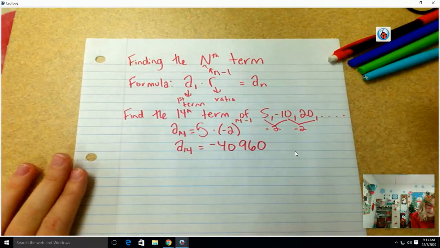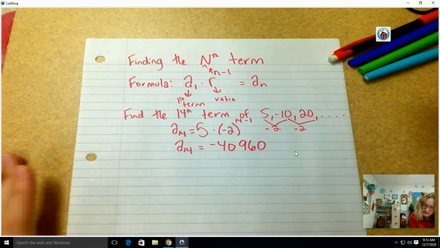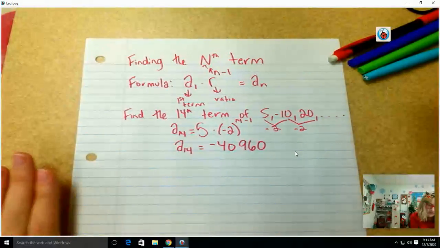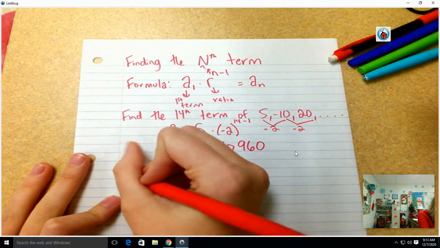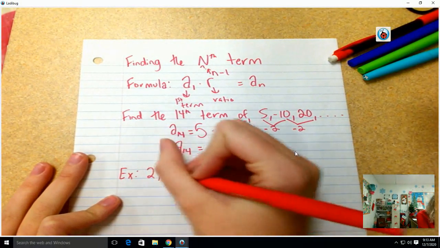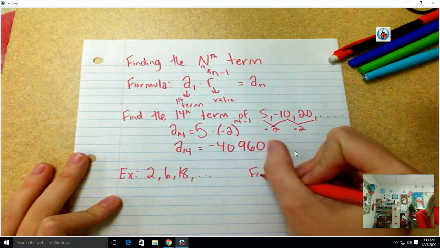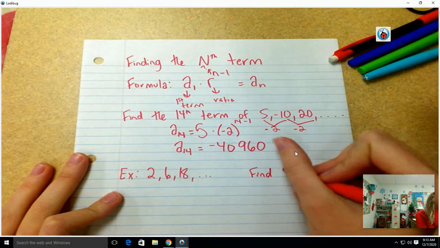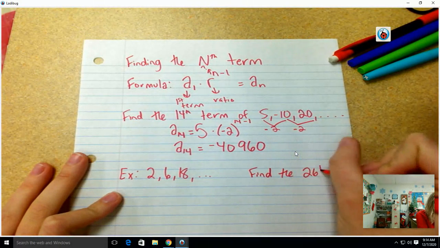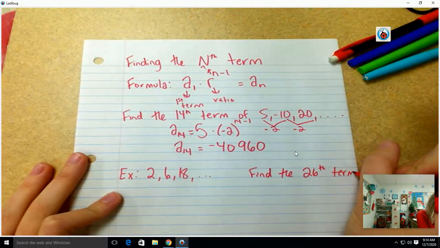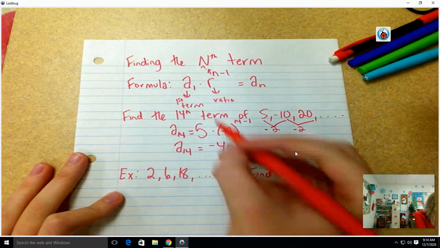Same thing here if we're asked to find, with the sequence 2, 6, 18, the 26th term. We're going to use our formula.